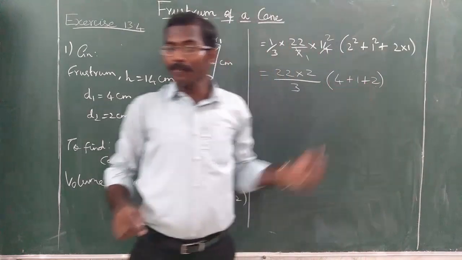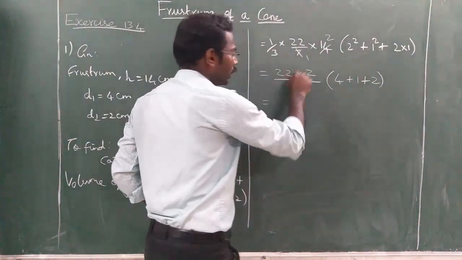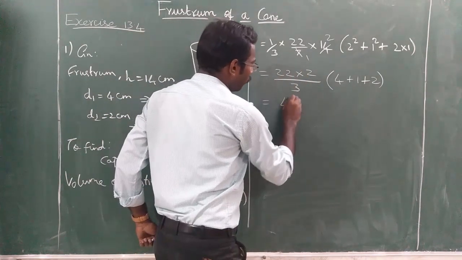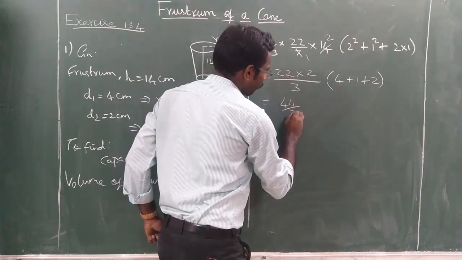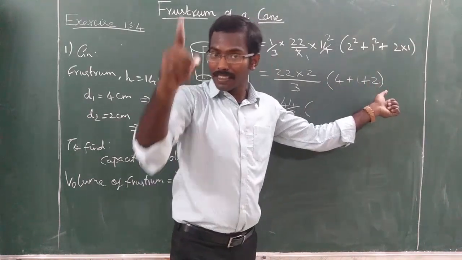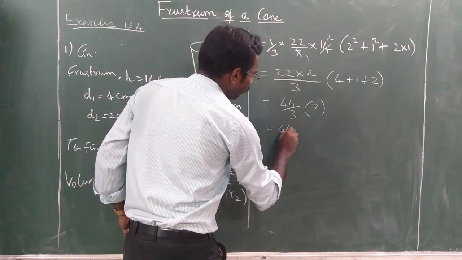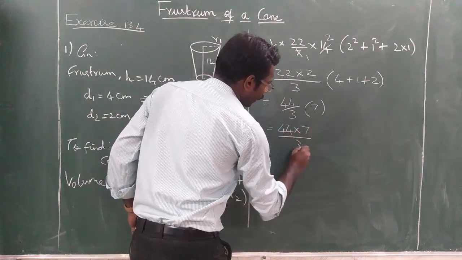Are you following me? Very easy one. So now that is equal to 22 into 2 is 44 divided by 3 into 4 plus 1 is 5, 5 plus 2 is 7. So that is equal to 44 into 7 divided by 3.